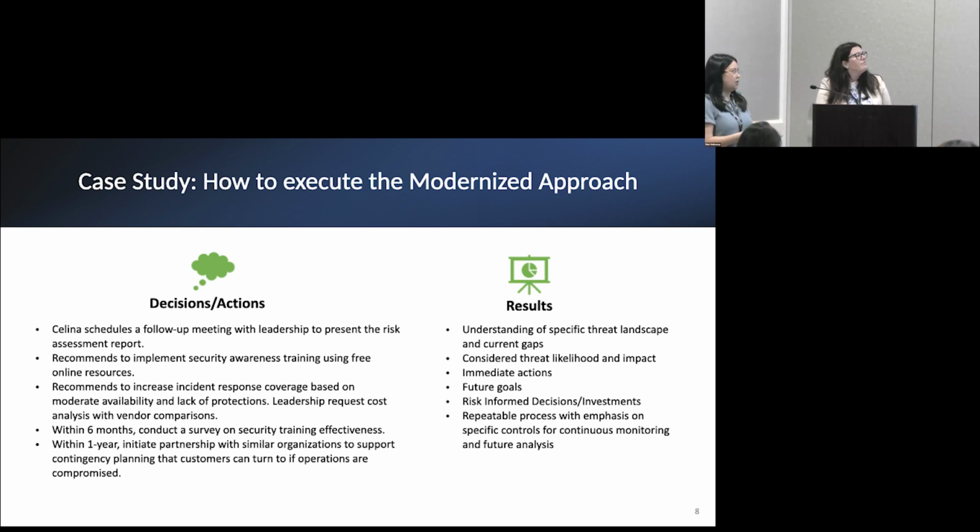What is the impact to the organization? What are the immediate actions, which are all the decisions and actions that we've just talked about? What are the future goals? And really, the idea of this modernized approach is going beyond cybersecurity and really focusing on organizational risk. It's not just about, okay, we have implemented X, Y, and Z tools.